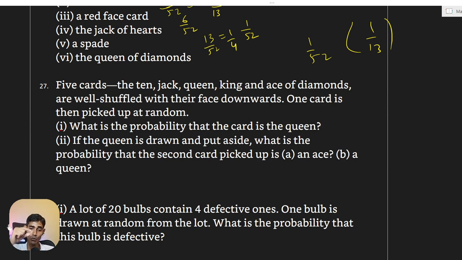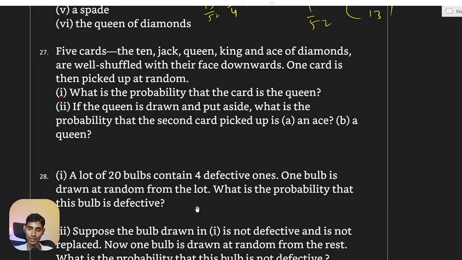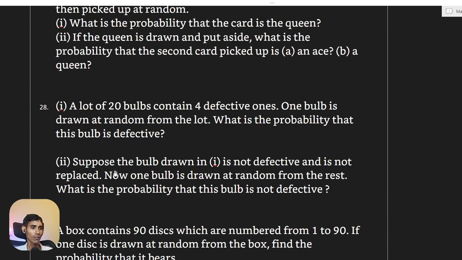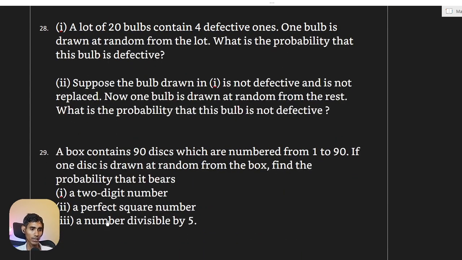If one queen is taken, we would be left with 51 cards. So just remember that. If you're continuing with the second situation, the total number of cards would decrease, and you have to write all of this. Favorable outcomes for the first one: one queen, one diamond queen, like that. You have to write maybe in 1 or 2 lines, but you have to specify that. Okay, defective bulb. You try that.